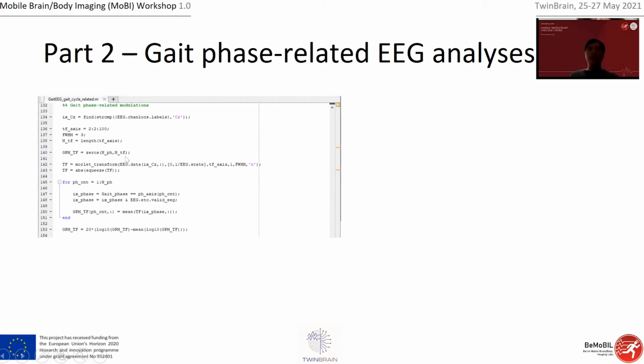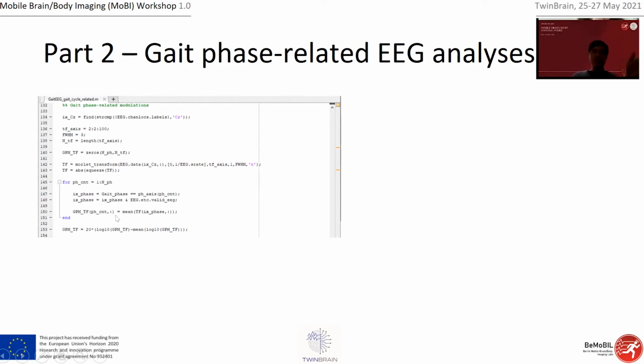If you do the Morlet wavelet transform, you get a complex signal. This complex signal is time varying and contains, for this channel, a time varying signal for all different frequencies. You take the magnitude and you average all magnitudes at the exact same phase in the gait cycle.